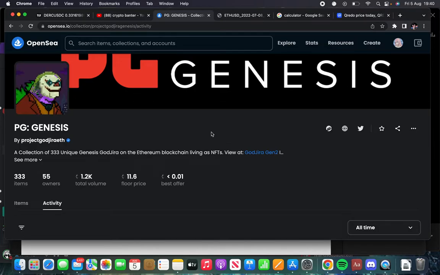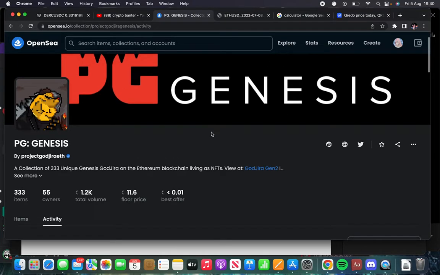You could have bought the same three for a total of 3 ETH, and the Genesis went to a floor of, I think, 10 ETH or something. So you could have bought what you were going to have anyway for 13 ETH. 18.5 minus 13, you'd have 5.5 ETH left over, plus the three Gen 2s and the Genesis, right? But I saw people taking that gamble.